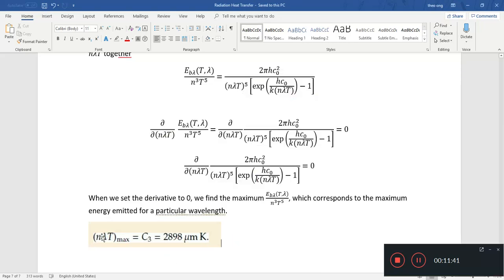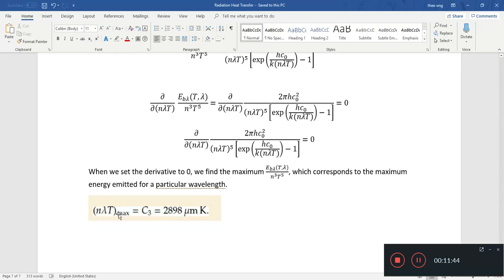So basically we find that this holds constant for all black bodies.